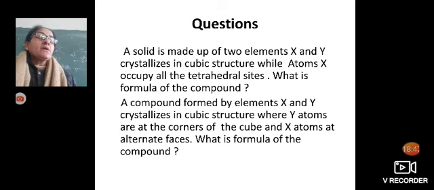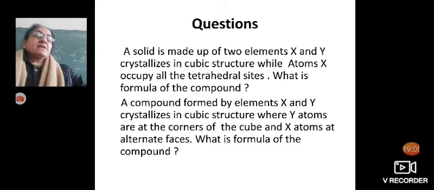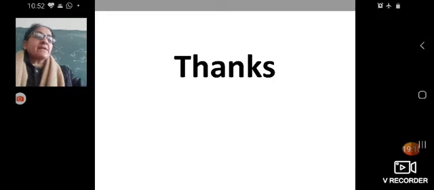Second question: a compound formed by elements X and Y crystallizes in a cubic structure where Y atoms are at the corners of the cube and X atoms are at the alternate faces. What is the formula of the compound? These are the questions. Next, thanks.